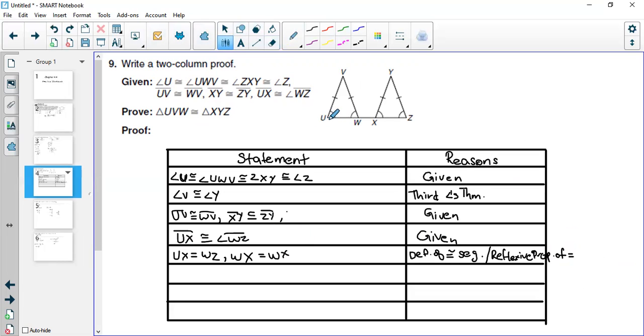Okay, now let's move on to another one. Now how do you think you can find UX? We have included the sides, so we are only left with this. Did we say UW is equal to XZ? No, we didn't say that.